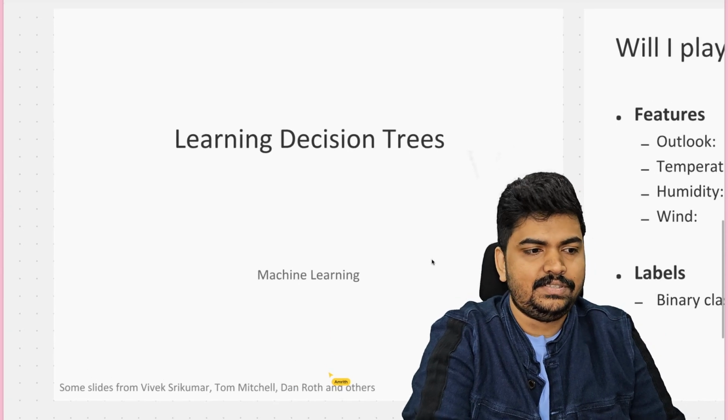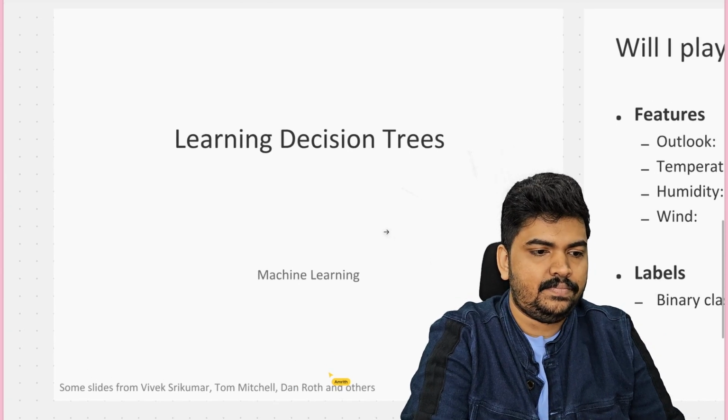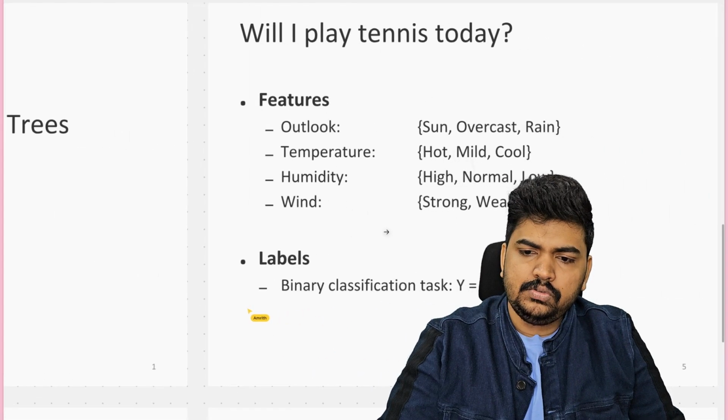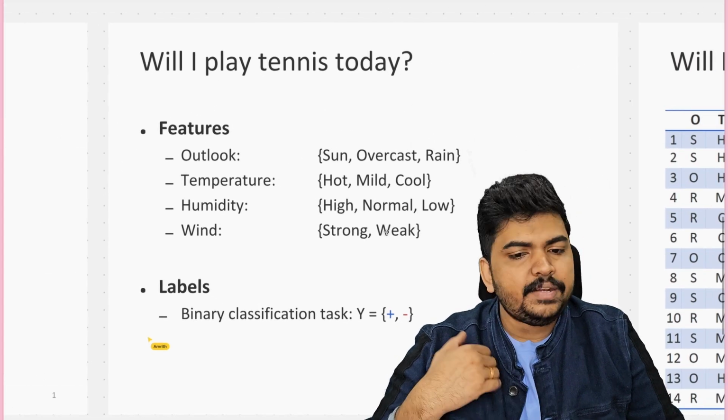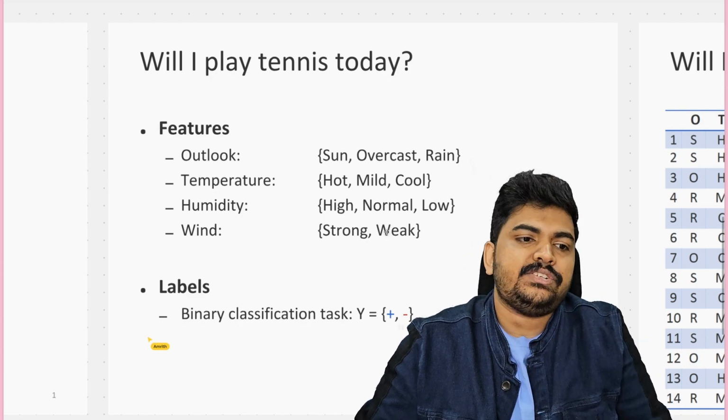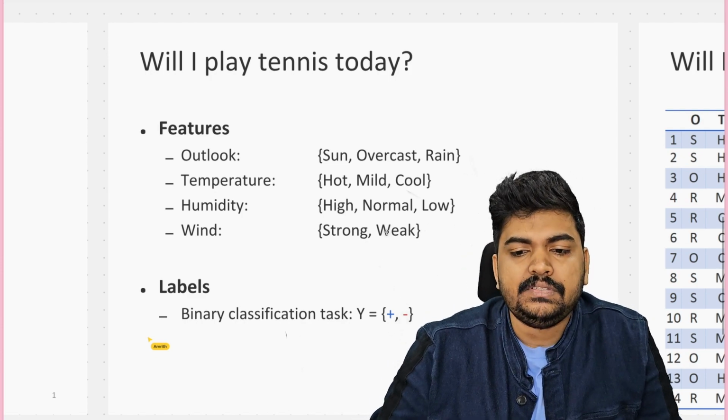Learning decision trees. Let me bring in another example, or an illustration, of how exactly the learning happens.